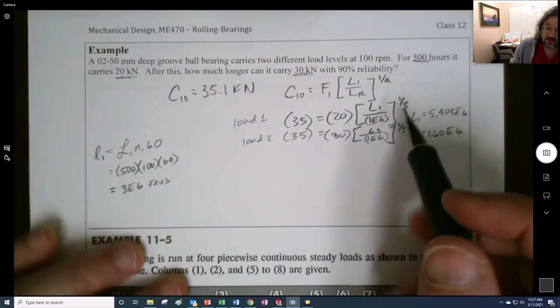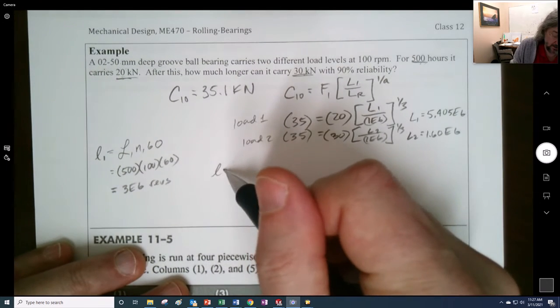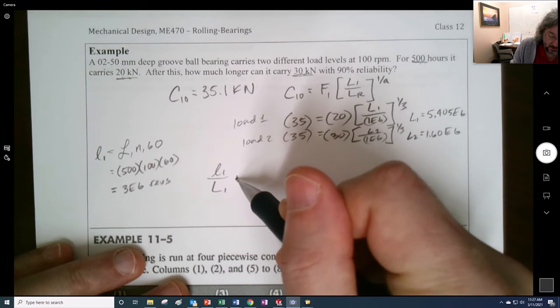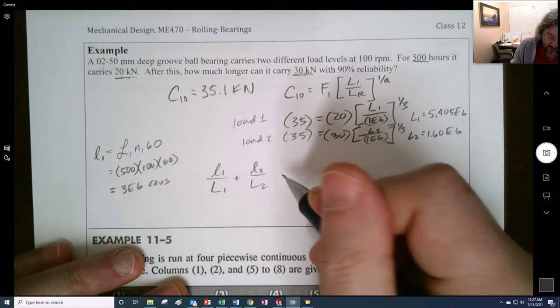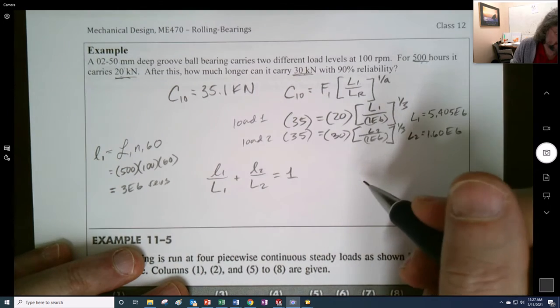So here's the linear damage rule. Little L1 over big L1, plus little L2 over big L2, equals 1.